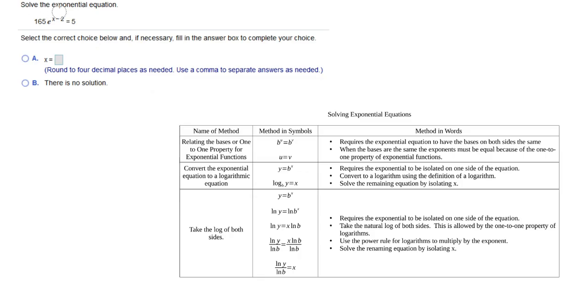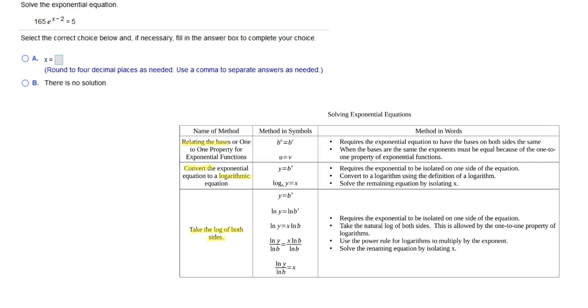This question says solve the exponential equation 165e to the x minus 2 equals 5. And we're solving an exponential equation. We've got these different methods, relating the bases, converting to a logarithm, or taking the log of both sides.